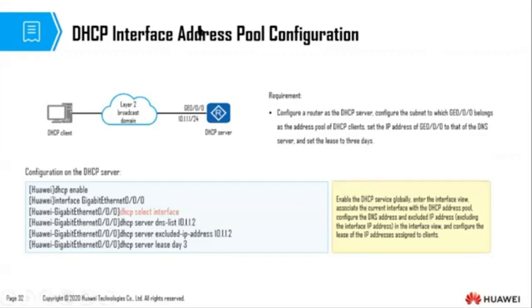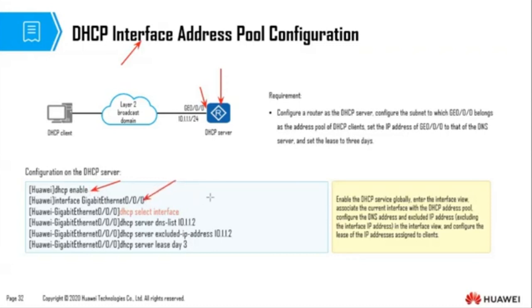So this is an example. We want to configure this router as a DHCP server. So this time we want to use the interface address pool, the interface. So we're going to configure this interface to issue IP addresses. So we're going to first enable DHCP using the DHCP enable command.